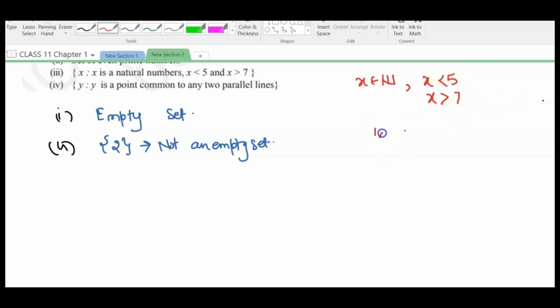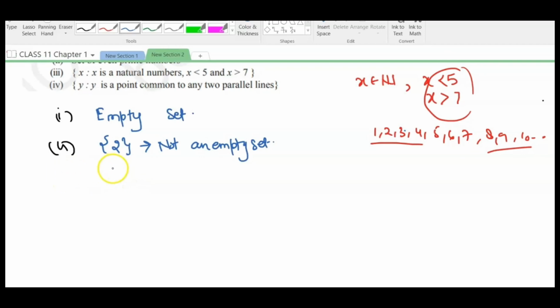So a number 1, 2, 3, 4, 5, 6, 7. A natural number which is less than 5 means 1, 2, 3, 4 and it is greater than 7, so this is 8, 9, 10 and so on. So there is no natural number which satisfies both of these conditions, and therefore such an element does not exist. So this is an empty set.